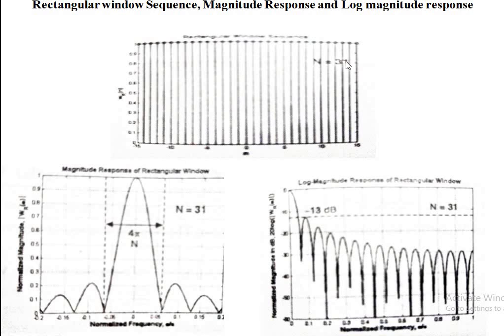It contains a total of N equal to 31 samples. The magnitude response of this rectangular windowing sequence is shown in this figure, and this is what I call the main lobe, and these are the respective side lobes that we observe here.